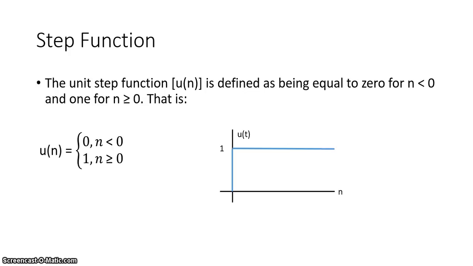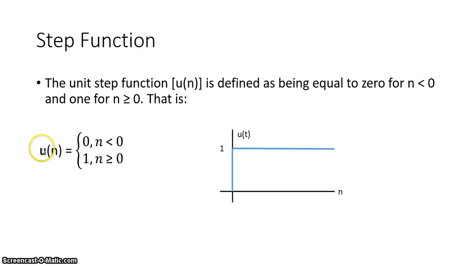We also have the unit step function, and we use the lowercase u to represent that. In this case, I'm sticking with discrete time, so we use u of n. It is defined as being equal to 0 for n less than 0, and it's equal to 1 for all values where n is greater than or equal to 0.